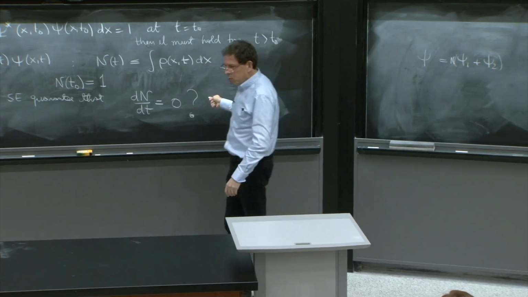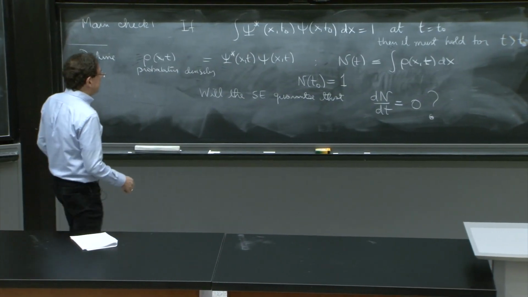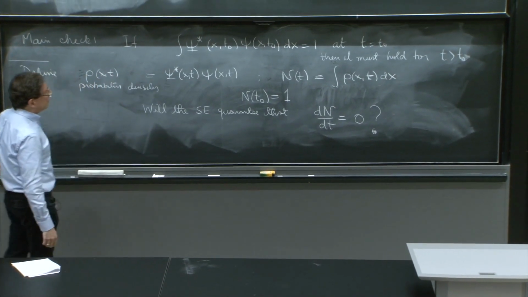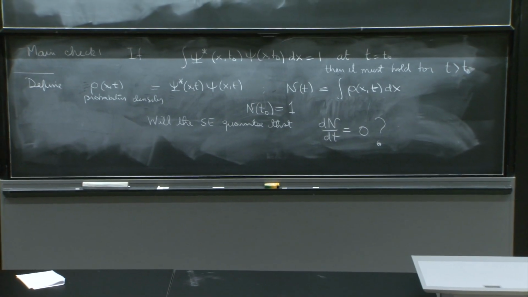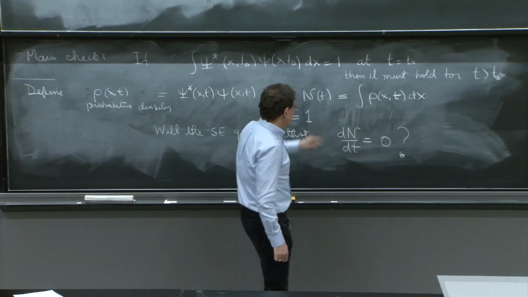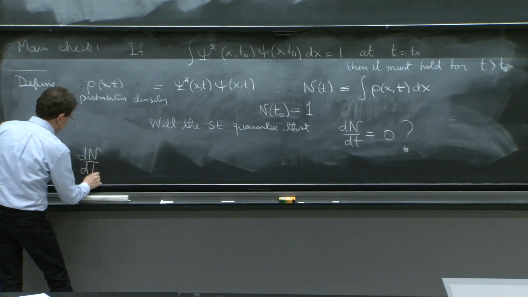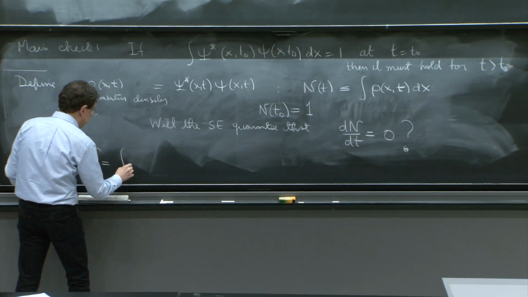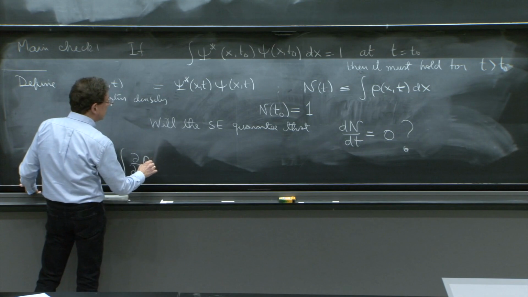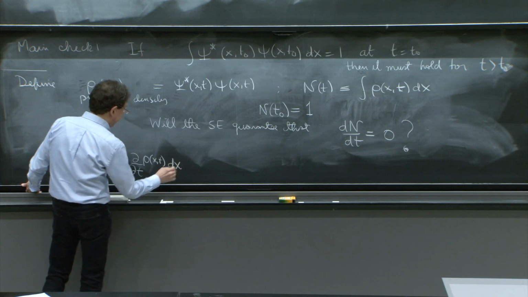Okay, so will it guarantee that? Well, that's our thing to do. So let's begin the work by doing a little bit of a calculation. And so what do we need to do? We need to find the derivative of this quantity. So what is this derivative of N? dN/dt would be the integral of d/dt of rho of x and t dx.